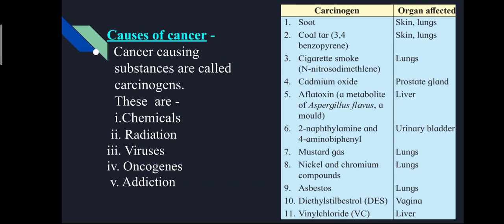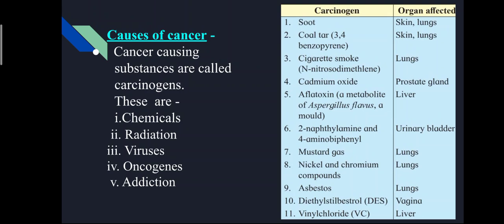Then next type is viruses. Viruses causing cancer have genes called as viral oncogenes or v-oncogenes. These viruses are also called oncogenic viruses. For example, EBV, Epstein-Barr virus, or HPV, human papilloma virus.